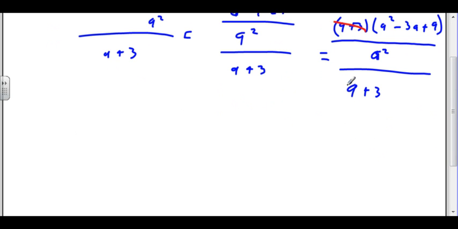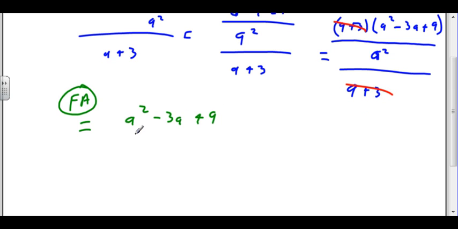I'm just going to get rid of those two guys and write down the final answer. So my final answer, a squared minus 3a plus 9 divided by a squared. Okay, well that was reasonable, I guess. Number 16.